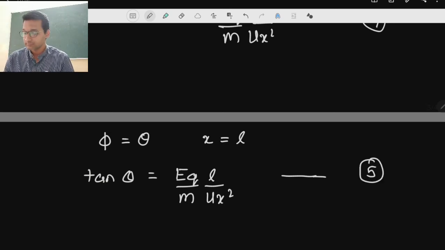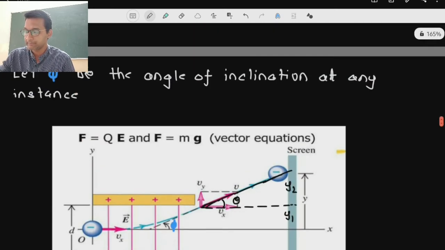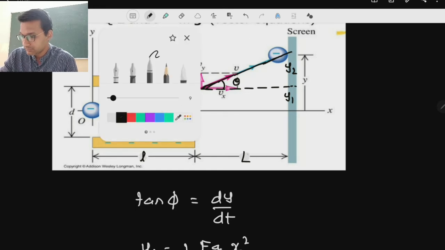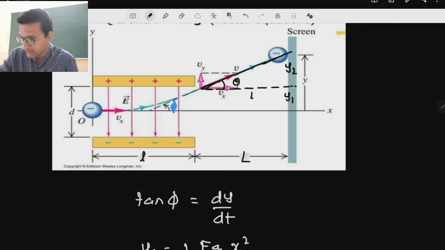Now this is the equation for the angle. If you look at the diagram, once it leaves the field, it has two components of velocity. One is the horizontal component ux and one is the vertical component uy. Both these components now will be constant, and there will be a right angle triangle where this angle theta is there, with L on this side and y2 on this side.